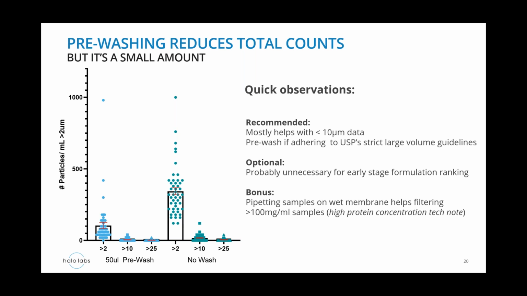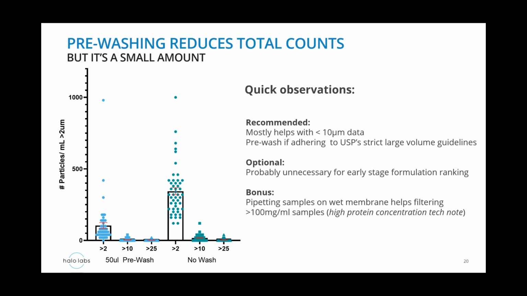So if your data hinges on, and 200 or 300 particles per mil is about 5 particles on a membrane at 50 microliters, right? So if your USP data hinges on a single particle, we absolutely recommend you doing the pre-wash. For most sample ranking in more complex samples, this is probably not needed, again, just because the difference is quite small.